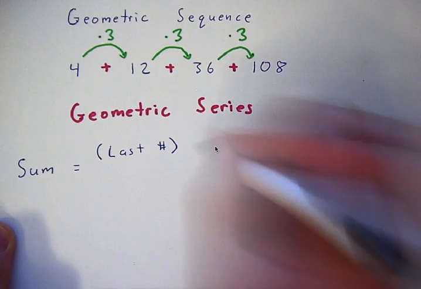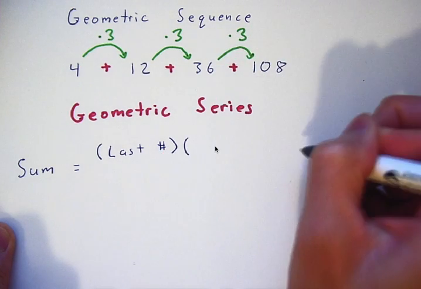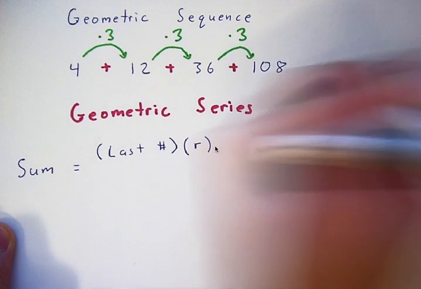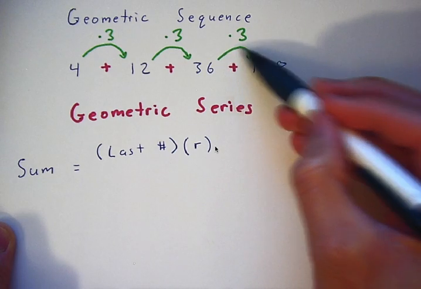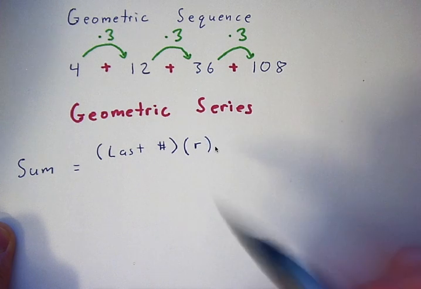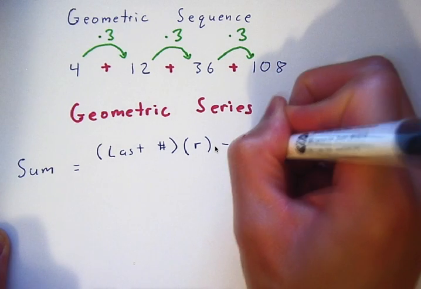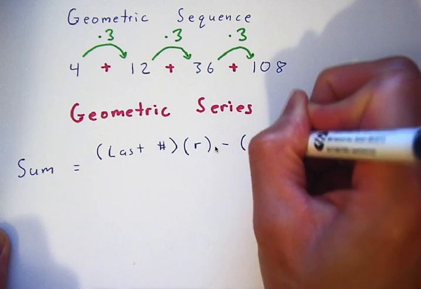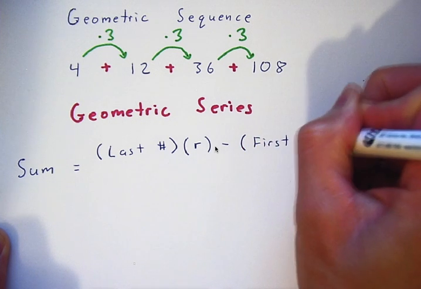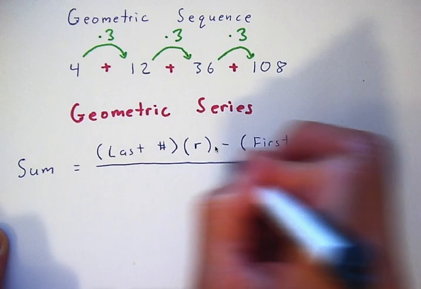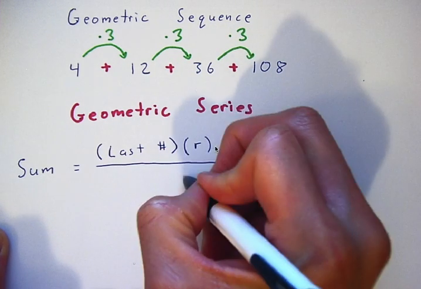So you take the last number, you multiply it by the thing you're multiplying by, r, minus your first number, and then you divide by r minus 1.